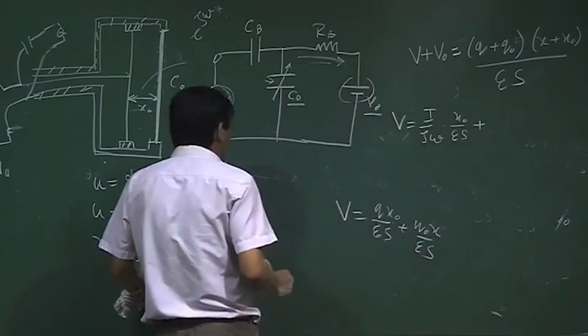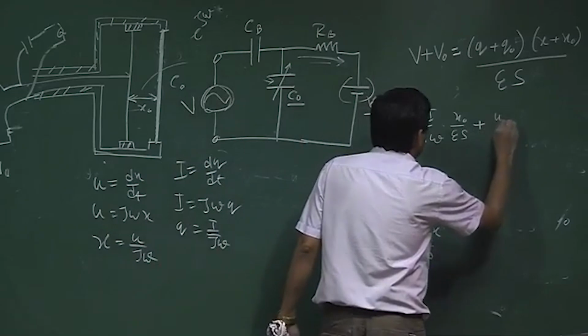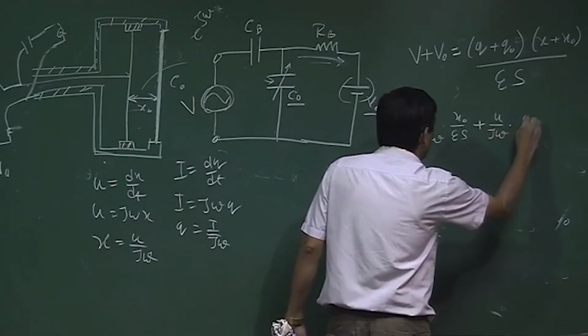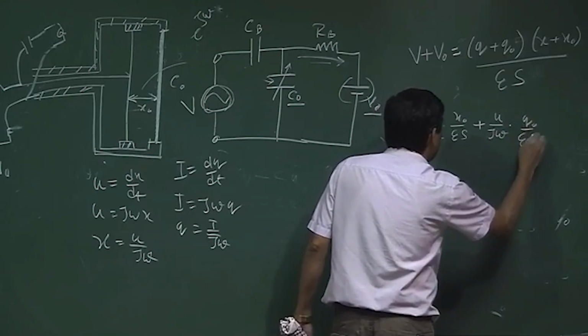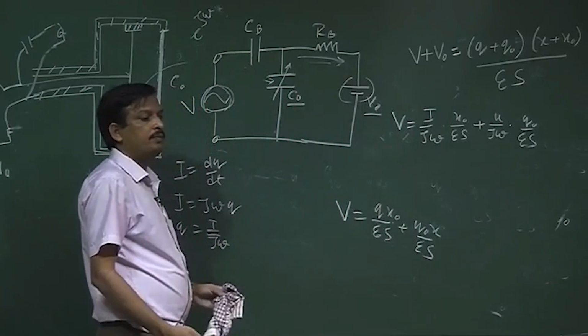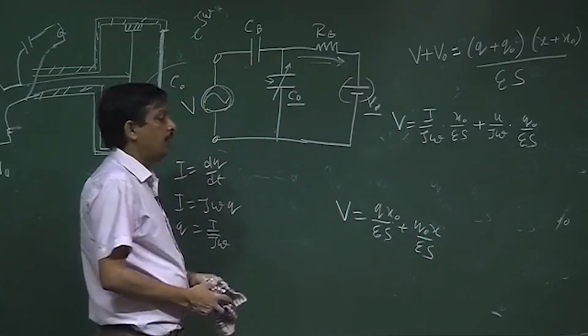It is nothing but u by j omega. So, I can write u by j omega into q0 by epsilon S.